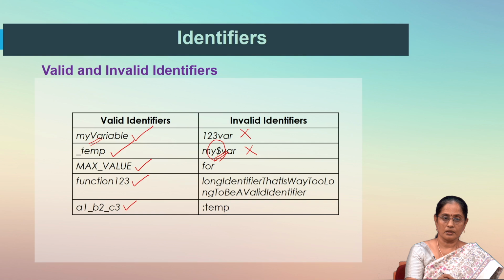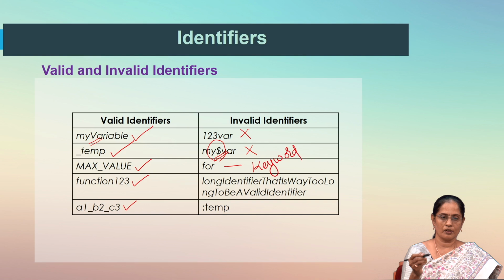Then in the third case, for is a keyword. So, I mentioned that for is a keyword. Since for is a keyword, it is also not allowed as an identifier. And in the fourth case, the identifier exceeds the maximum limit of 31 characters.